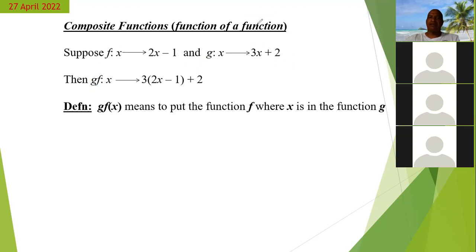Let me give you a sense of what is happening. So this is what we have for the function f. f of x equal to 2x minus 1. This is the function g. g of x is equal to 3x plus 2.